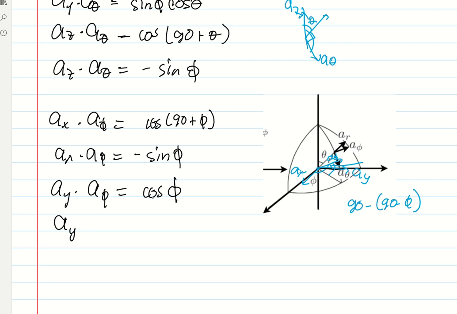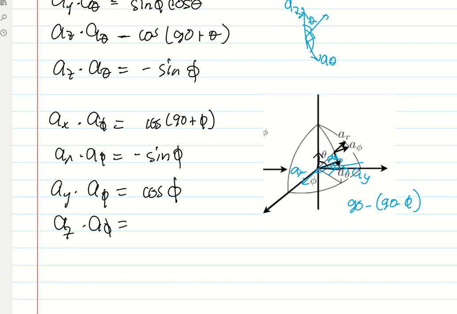Then lastly, az dot a phi. Where is az? Our az is going upward, while our a phi is in that direction. What's the angle between them?